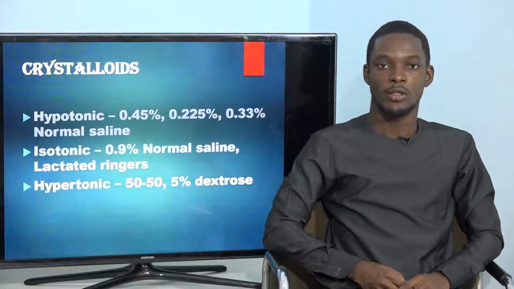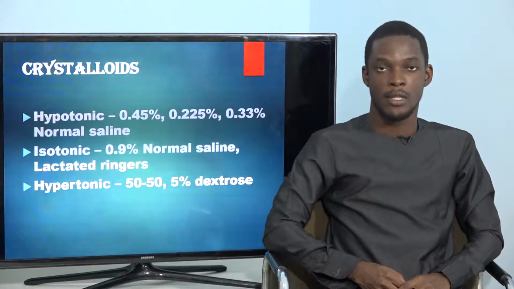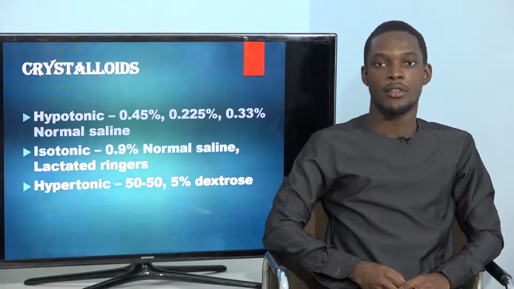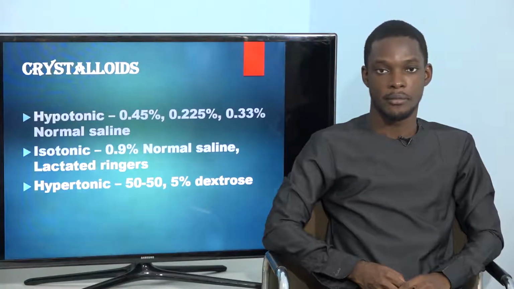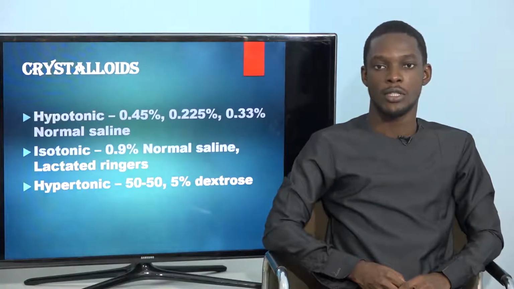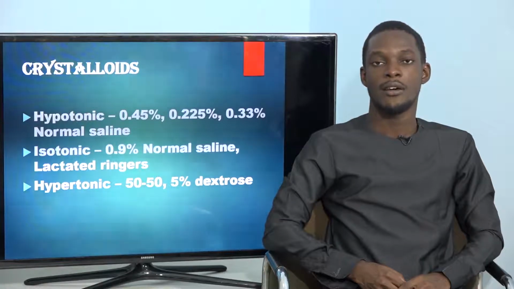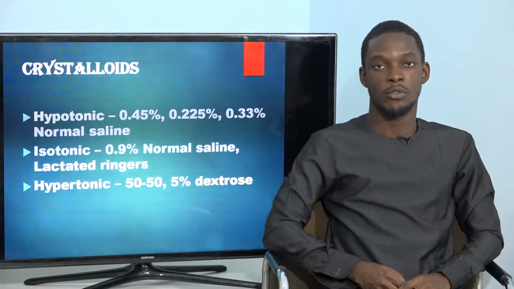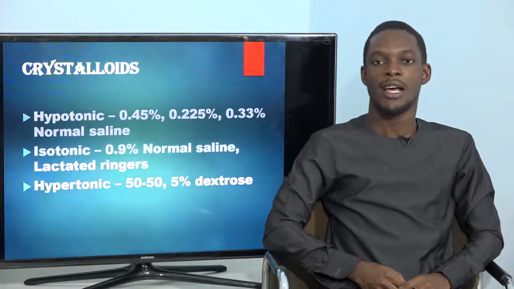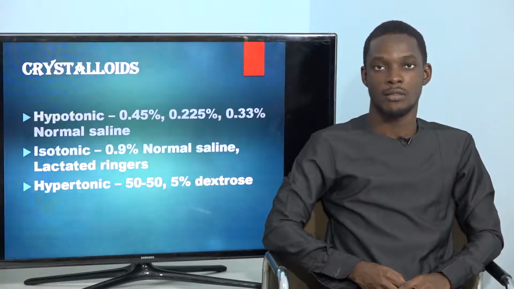Under crystalloids, you have the hypotonic solutions, the isotonic solutions, and the hypertonic solutions, as previously stated. For hypotonic solution, we have 0.45 normal saline to be the most common, 0.225 normal saline, and then 0.33% normal saline. Under isotonic solutions, we have 0.9 normal saline solution to be the most common. You have Ringer's solution, and you would have lactated Ringer's solution.